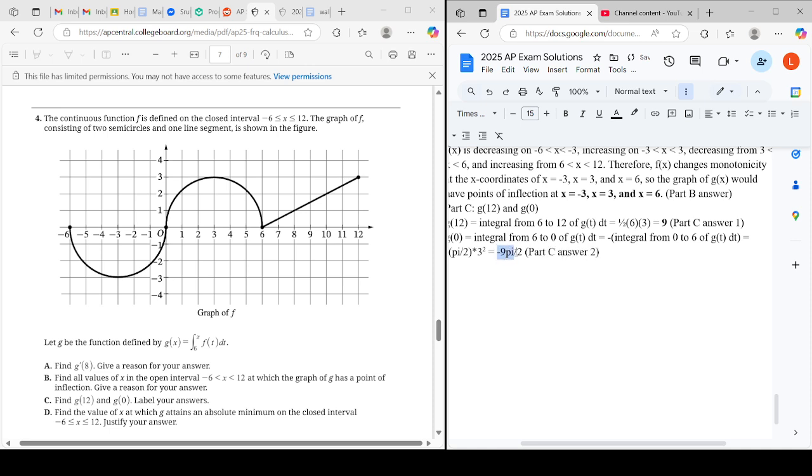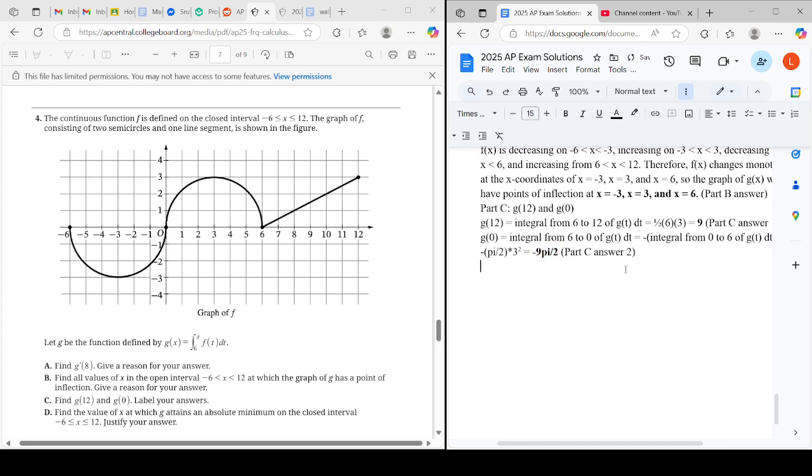And finally, in part D, we're going to determine the x coordinate at which the absolute minimum of g occurs. Here, we're going to have to find the critical points. g of x has critical points when g prime of x equals f of x equals 0, or when x equals 0 and x equals 6.